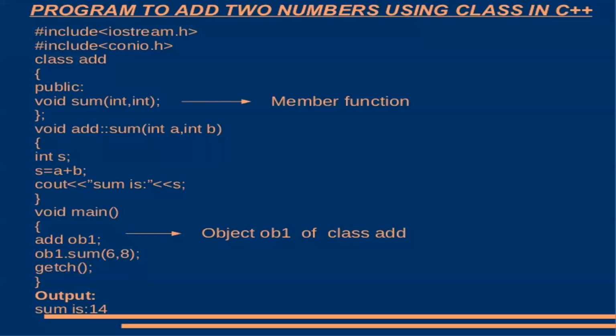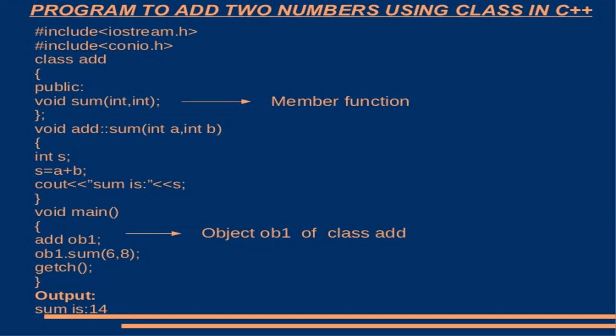The next, another example where we are creating an object. Class का नाम add है. Publicly, I have created one member function as sum, और उसमें दो वेरिएबल्स को हम पास कर रहे हैं और क्लास खत्म कर दी हमने.